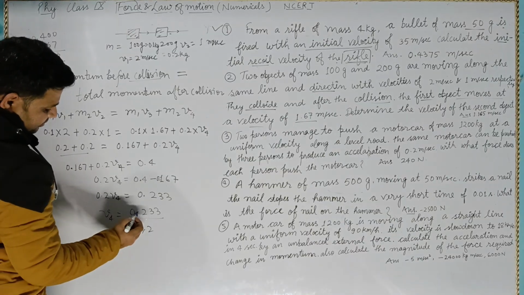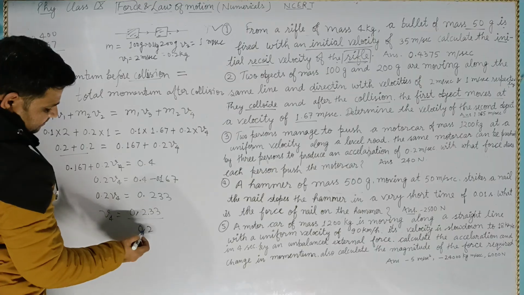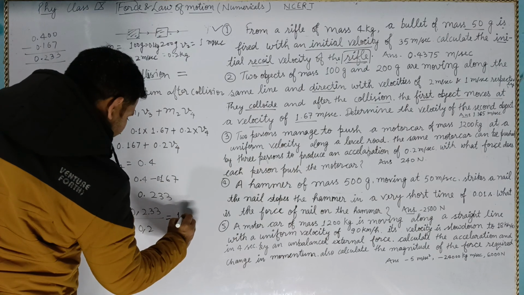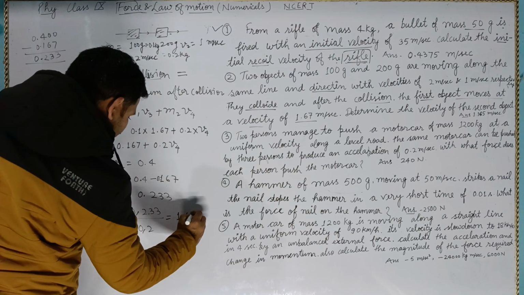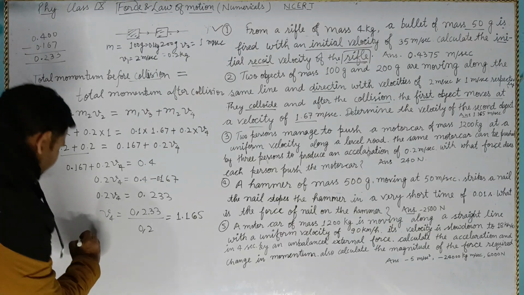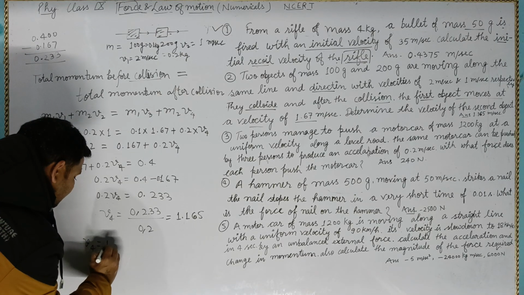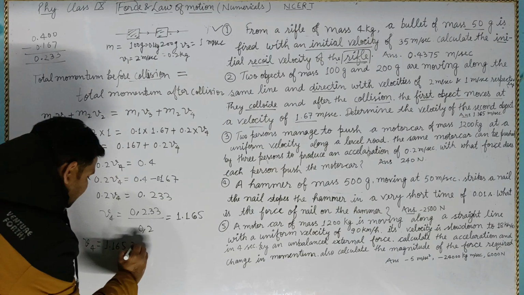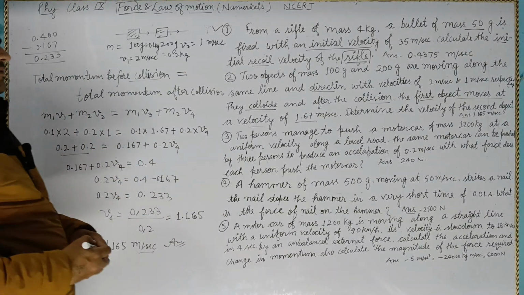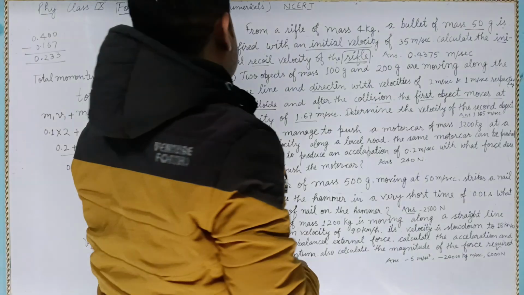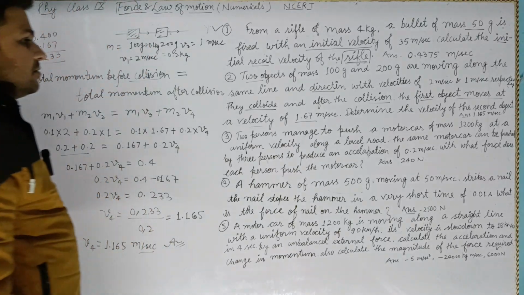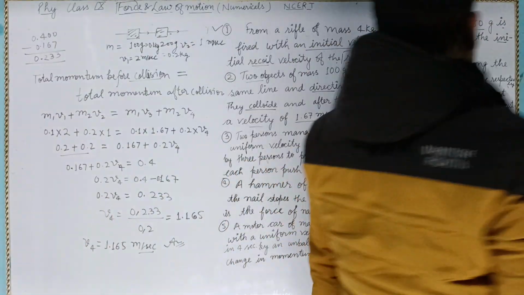Moving the decimal one place and dividing, v4 is equal to 1.165 meters per second. It is the result: the second block, or second object, will travel with this velocity.